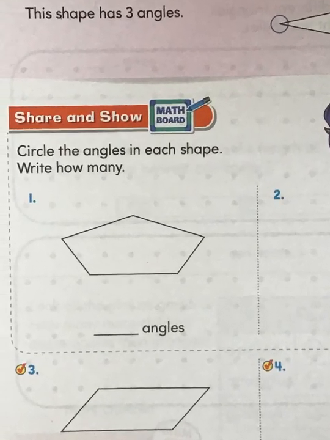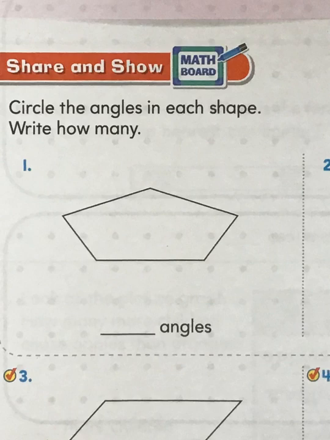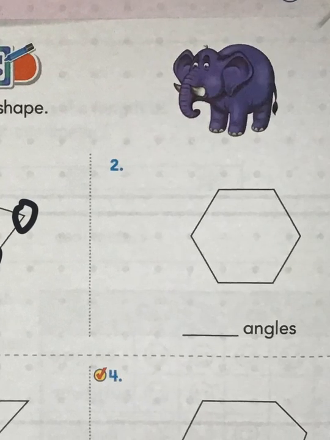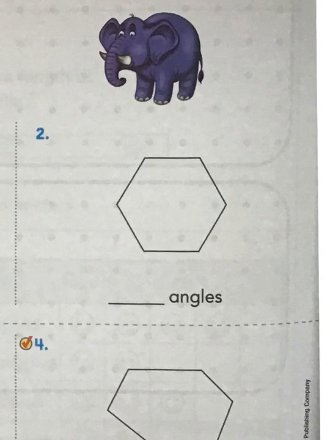Let's take a look at number 1, a pentagon. Did you know that was a pentagon? I bet you did. All right, let's circle the angles. 1, 2, 3, 4, 5. 5 angles. Well, let's take a look at the hexagon.